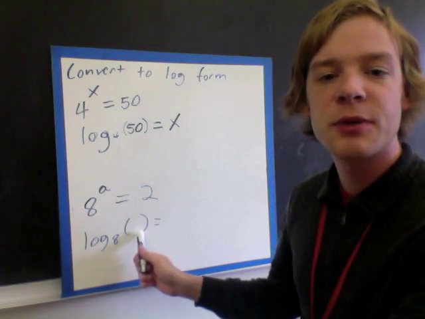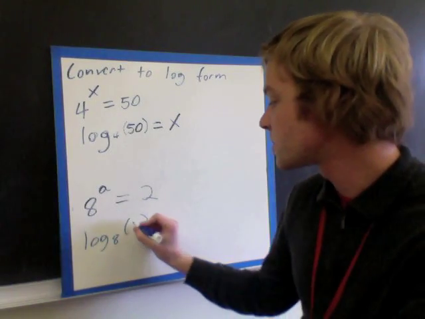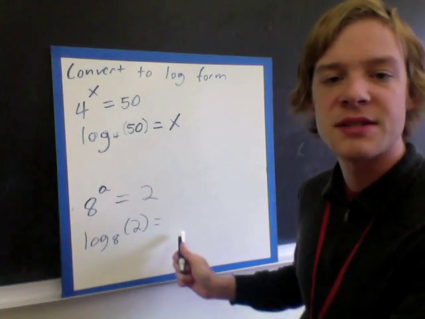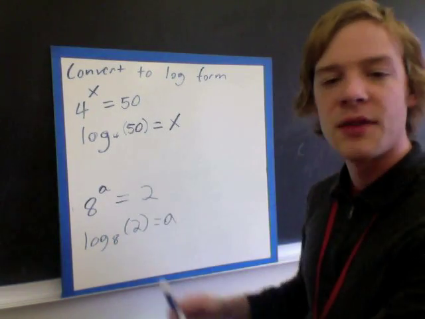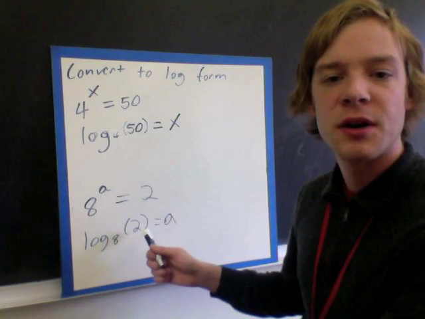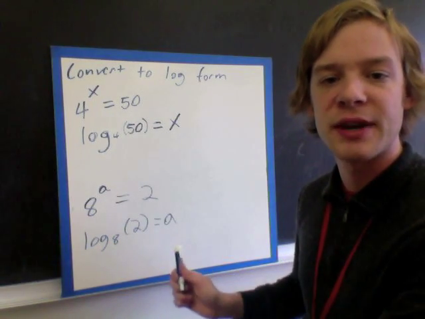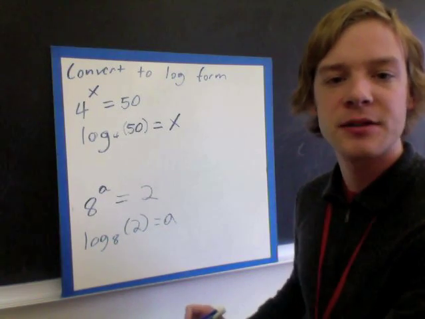And then inside the parentheses, remember, we want our result. So the result here is 2, and that's equal to our exponent of a. The way that you would actually read this is log base 8 of 2 is equal to a.